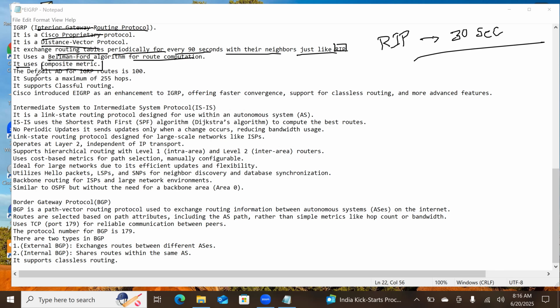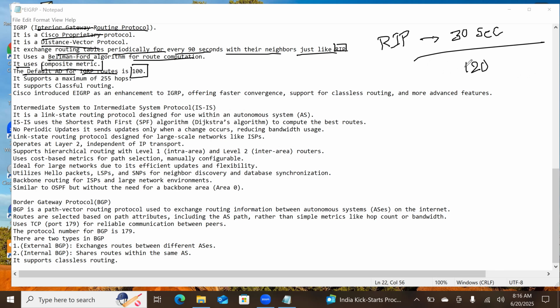So the default AD value for IGRP is what? What was it for RIP? It's 120.